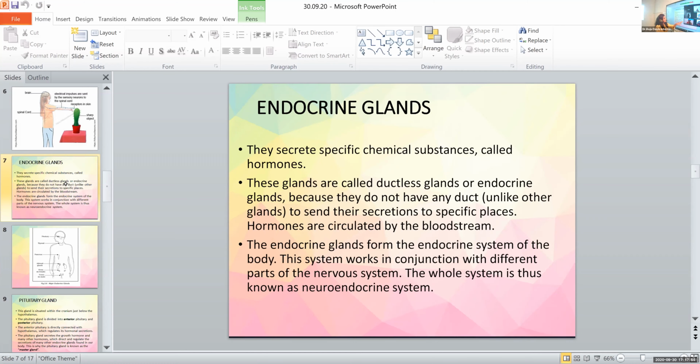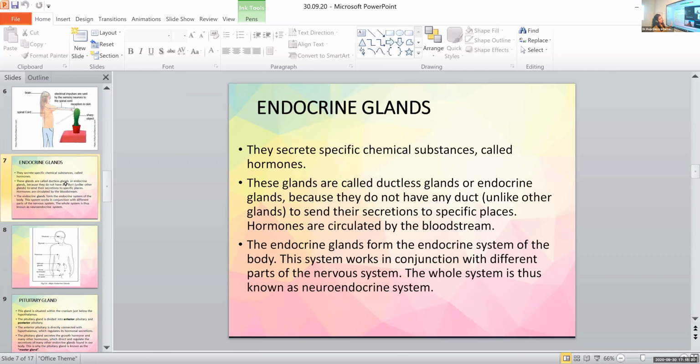So now we are going to learn about a different set of glands which are called endocrine glands. What makes endocrine glands special is that most of the other glands have ducts. It is through these ducts that they send their secretions to different parts of the body.